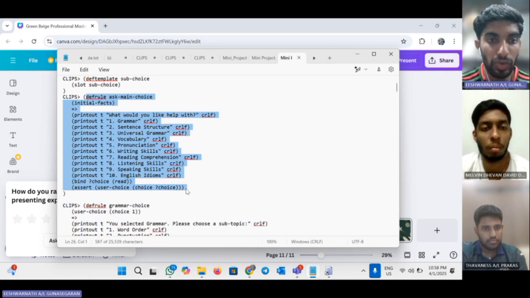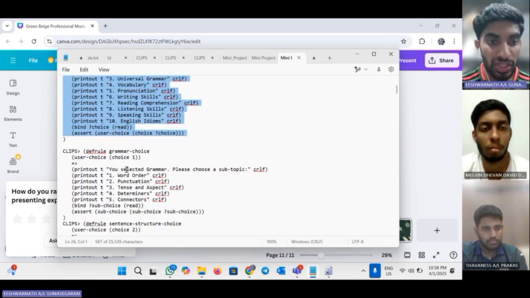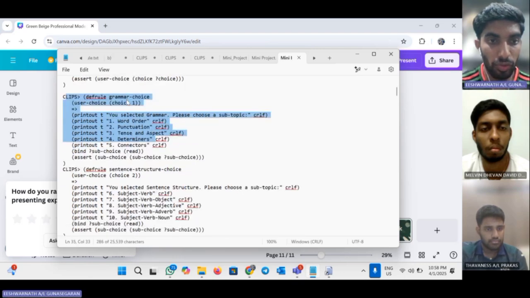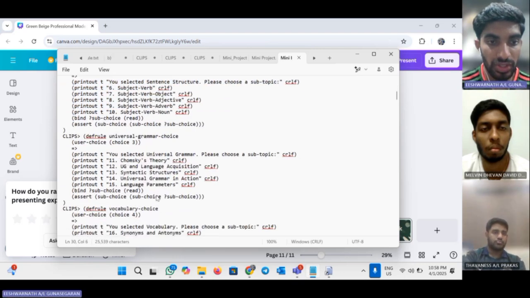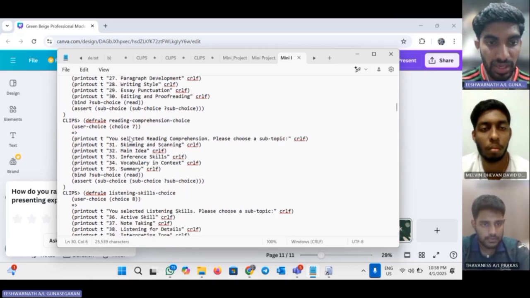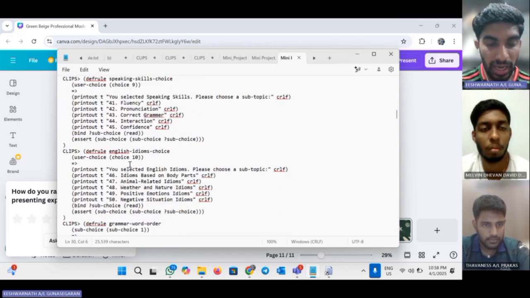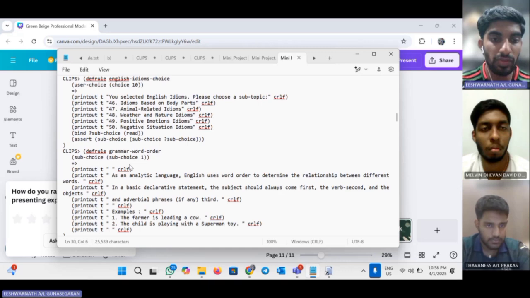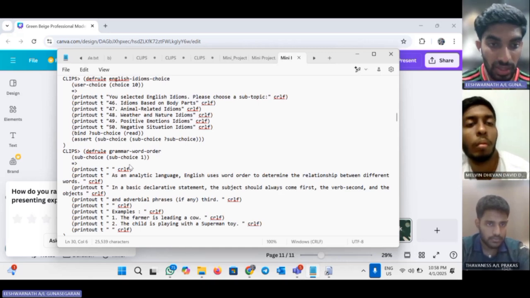And then we also provided 10 main choices for the grammar choice. You can see from choice 1 until choice 2, choice 3, choice 4, choice 5, choice 6, 7, 8, 9 and 10. Under the main choices, we included 50 subtopics, which is 50 sub choices.